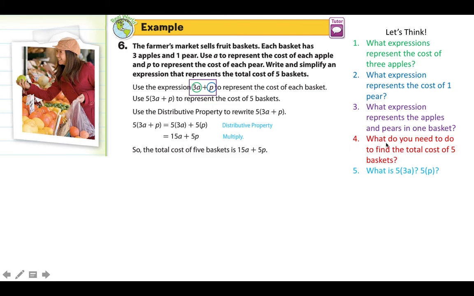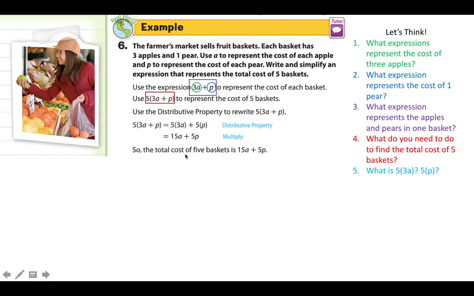Now, what do you need to do to find the total cost of 5 baskets? Well, if this is the cost of 1 basket, 3A plus P, we're going to take that expression and multiply it times 5. 5 times the quantity, 3A plus P, represents the cost of 5 baskets. Now, we've got our expression. Let's simplify it. Remember, simplify means no parentheses, no like terms.